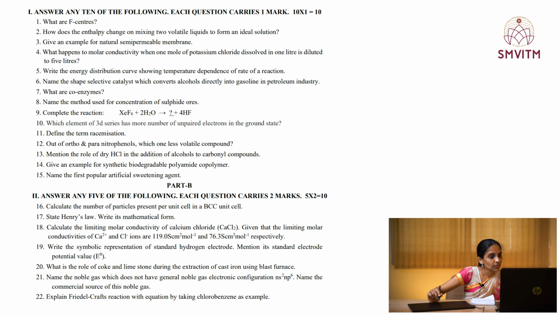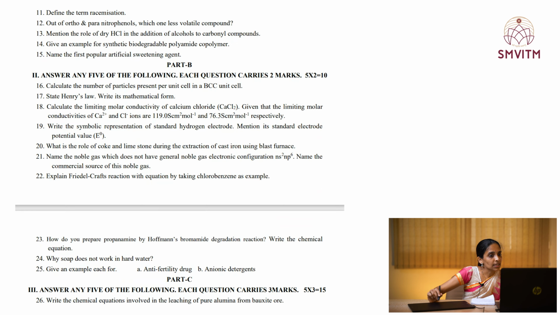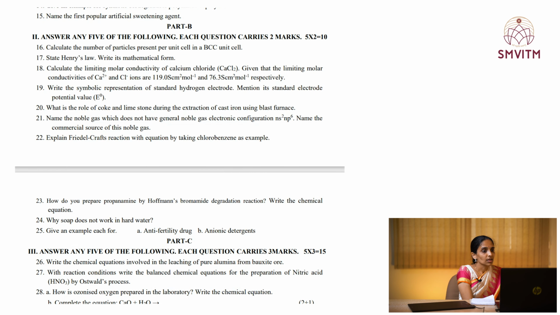Then coming to the part B, 2 mark questions. 16th one is from solids, number of particle calculation in BCC unit cell. We have already discussed that topic. 17th is Henry's law statement. Partial pressure of the gas in vapor phase is directly proportional to the mole fraction of the gas in solution. And what is its mathematical formula?